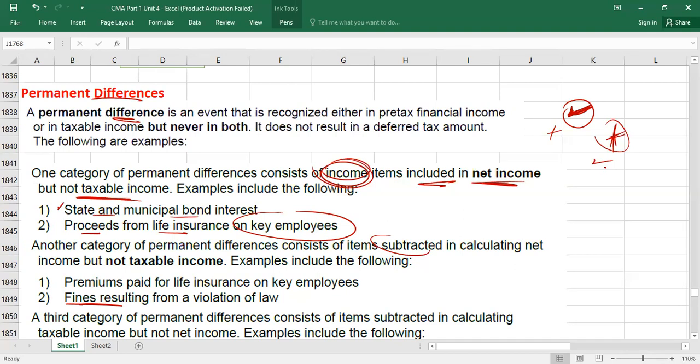Maybe you have paid a premium on insurance and you say it is your expense, but the tax authority says, sorry, we don't take it as an expense. There are a couple of items like this. Is that clear? So you understood permanent differences versus temporary differences.